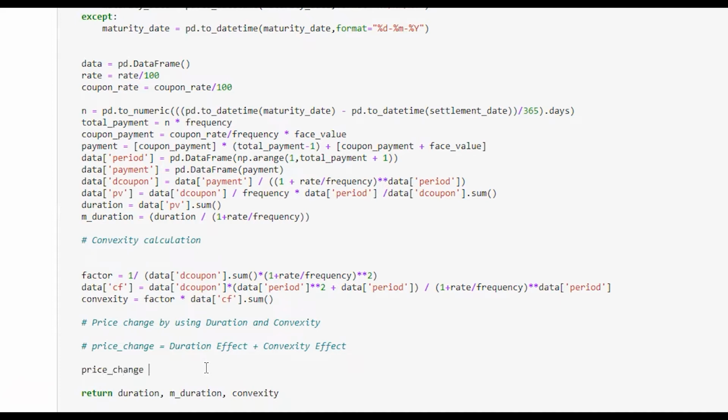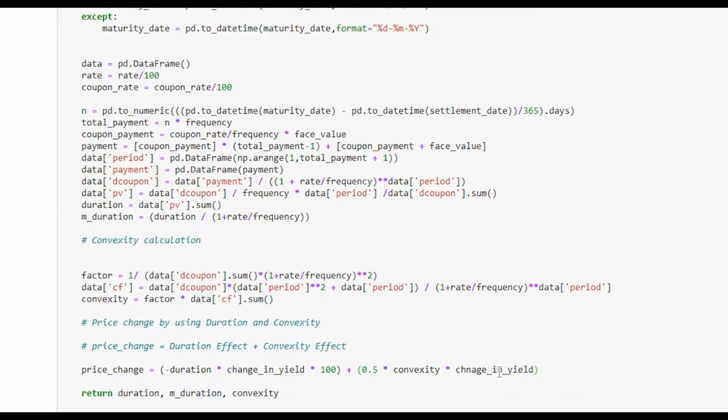Price change is equal to, under bracket, negative of duration into change in yield multiplied by 100 plus 0.5, which is 1 divided by 2, into convexity into change in yield.